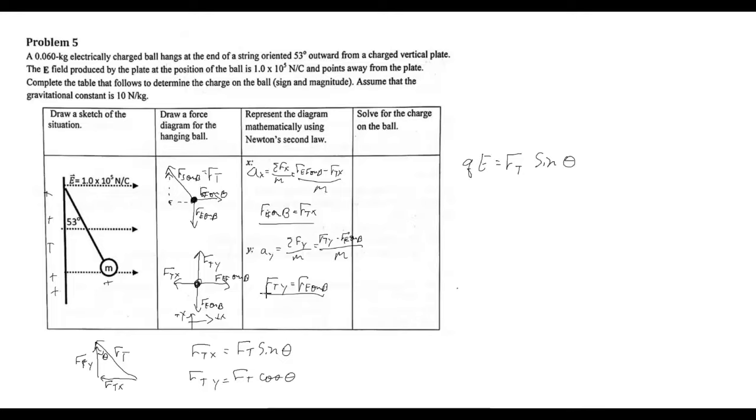And then from this one, the force tension in the y direction, which is force tension cosine theta, is equal to the force of Earth on the ball, which is mg. What I'm going to do, you don't have to do this, you could solve for force tension because you know m and g, and then plug that number in here and solve for q. I'm going to algebraically solve this because things end up working pretty nicely. Force tension is equal to mg over cosine theta.